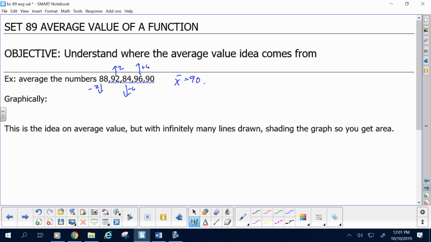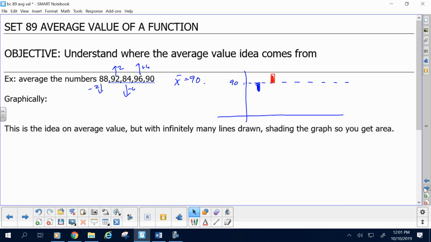So if you were to think of this graphically then, 90 is the middle, and we know that 88 is 2 below, and 92 is the exact same number above, and 84 is 6 below, and 96 is 6 above, and 90 is 90.